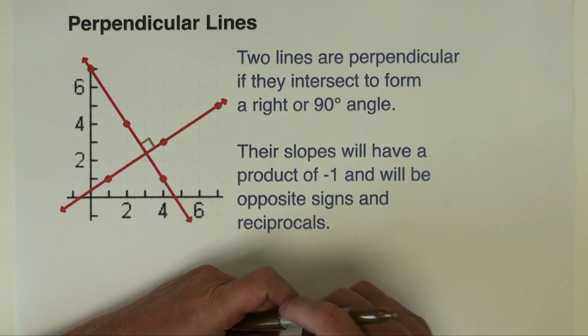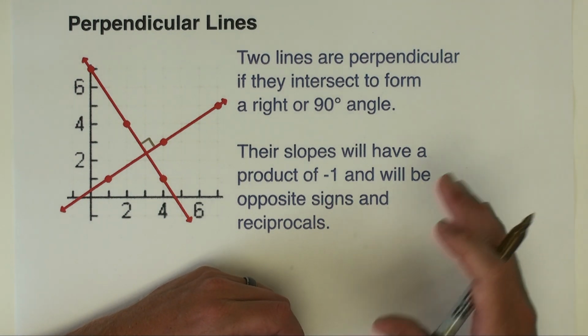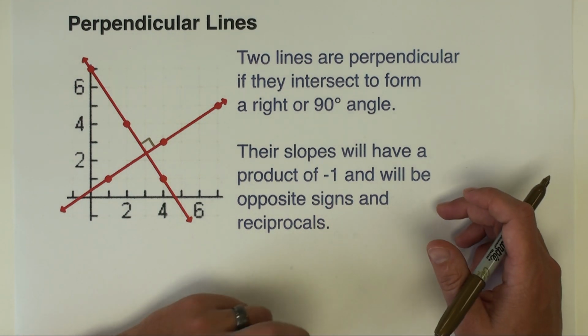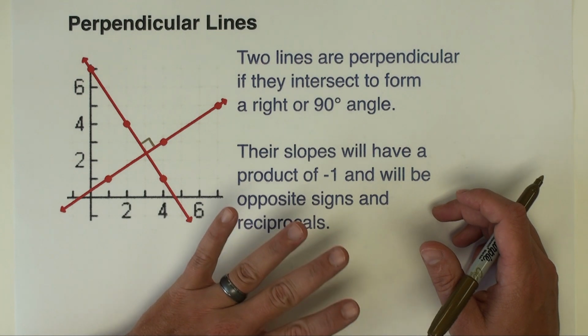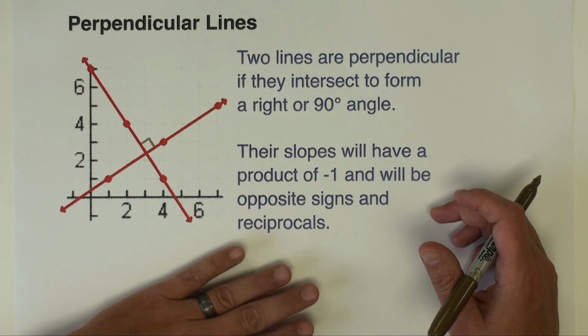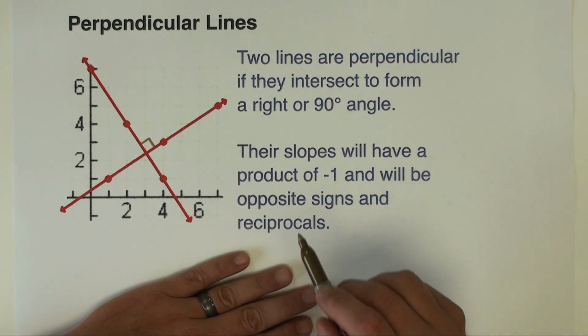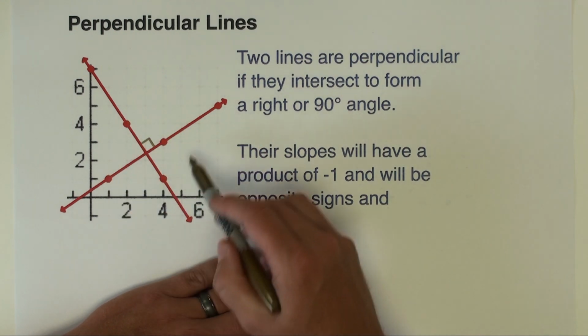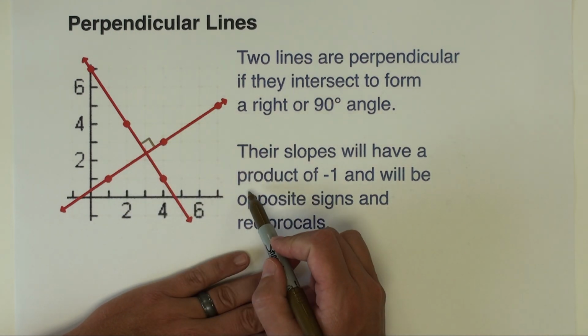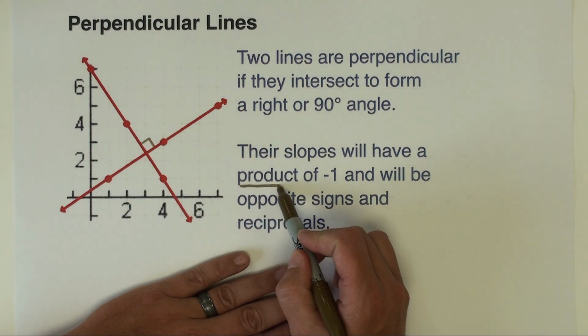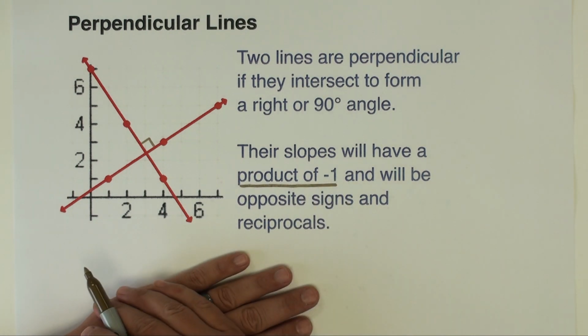Now, as far as their slopes go, what we need is information about their slopes. There are two definitions here, one that's really going to help. What is true with perpendicular lines is that the product of their slopes is -1.